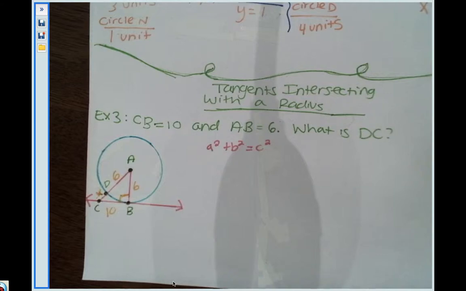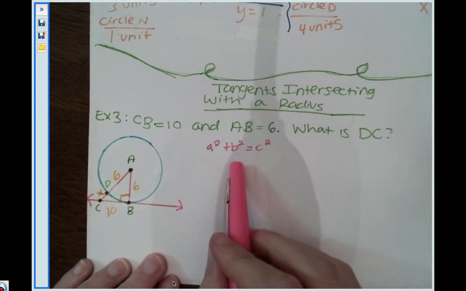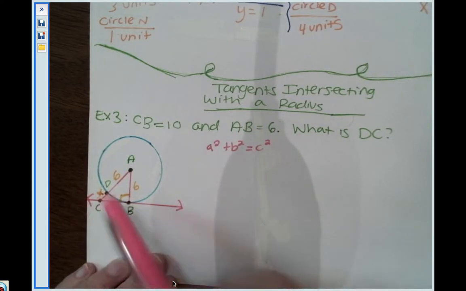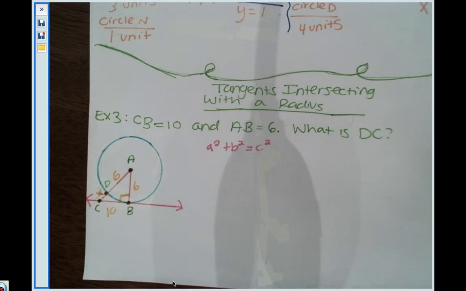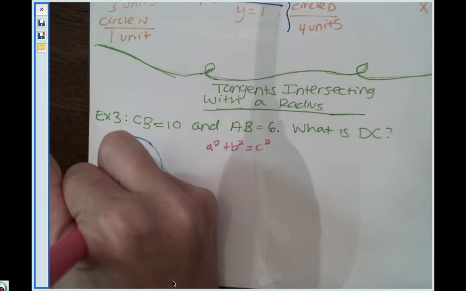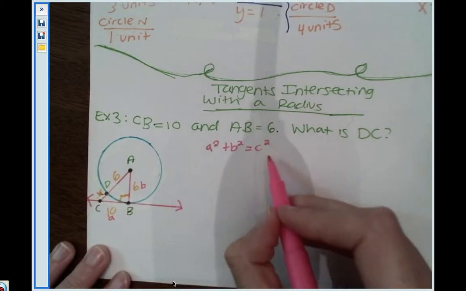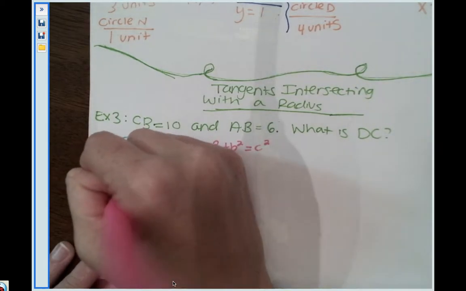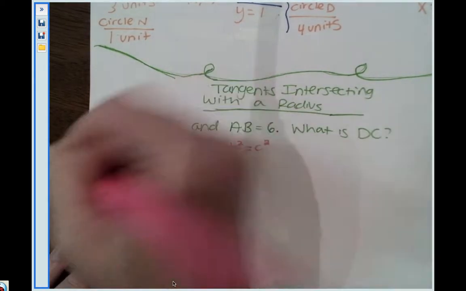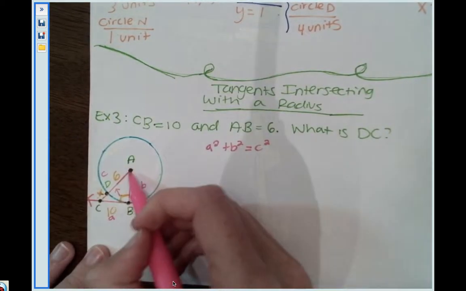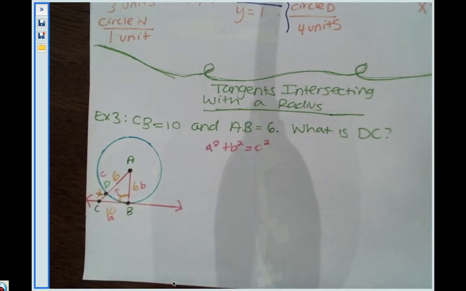Remember, the a and the b are the sides of the right angle, which you can assign either side of the right angle to be a or b. So I'm just going to assign this one to be a and this one to be b. The side across from your 90-degree angle is the C value. So this is the segment across from my 90-degree angle. So this whole thing, A to the C, is going to be my C.